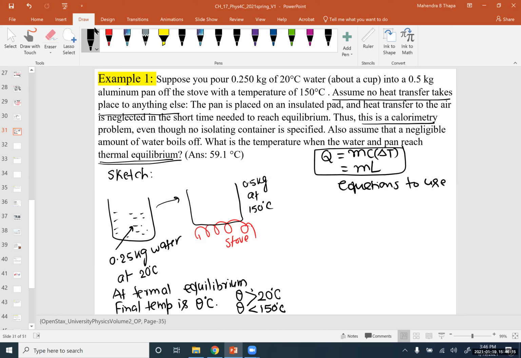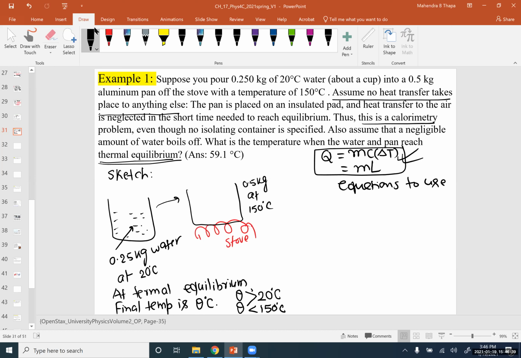In this case we don't have a phase change, so we are just using these two equations. Initially the water has a temperature of 20 degrees Celsius, and the pan has a temperature of 150 degrees Celsius.